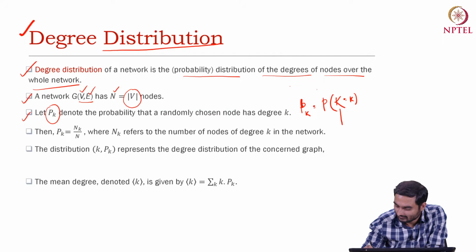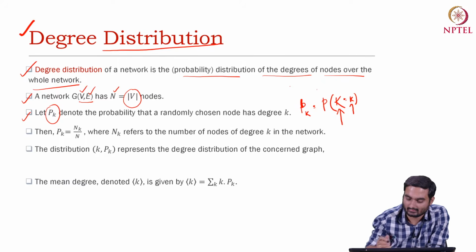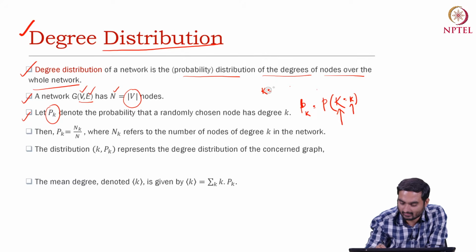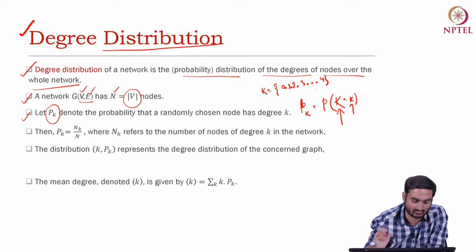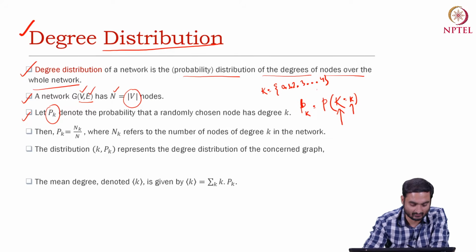Capital K is the random variable, and small k is one value of the random variable. In our case, this random variable can take 0, 1, 2, 3 and so on. Degree can also be 0, by the way, remember this. For example, if a node is disconnected, if the node doesn't have any edges incident on it, then the degree is 0.